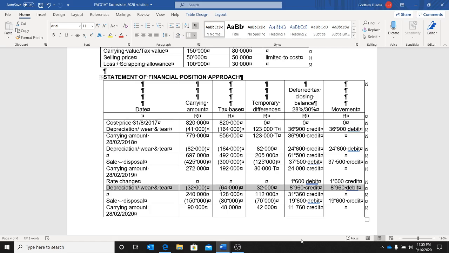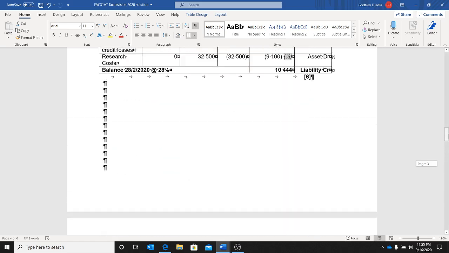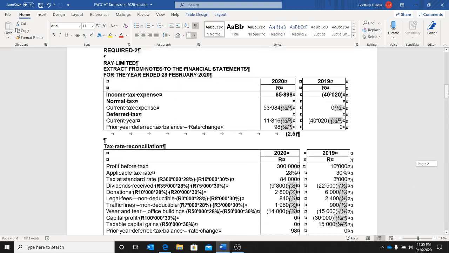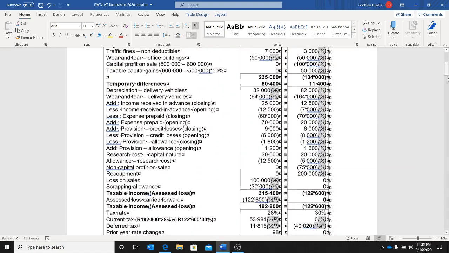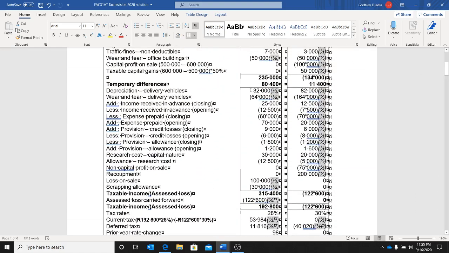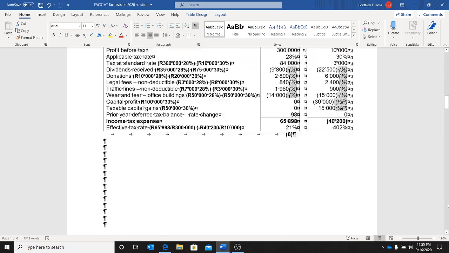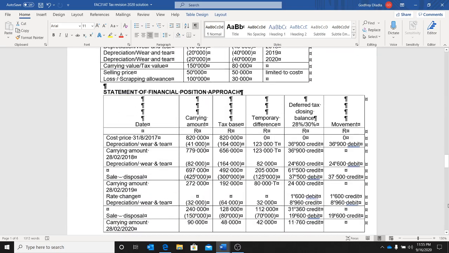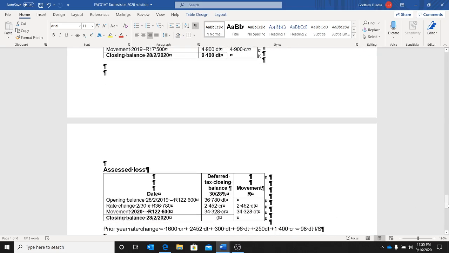Obviously that will come from these two figures here. All right, 32 and 64, they should represent that movement there.